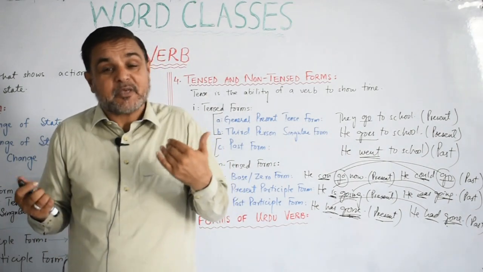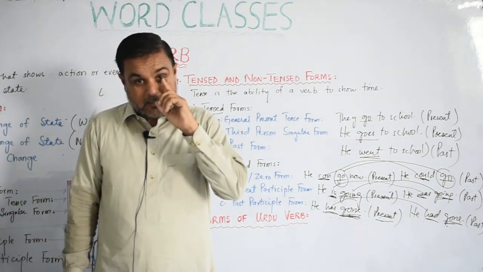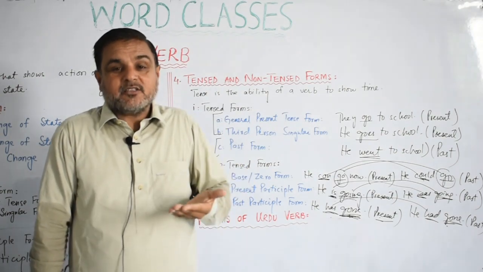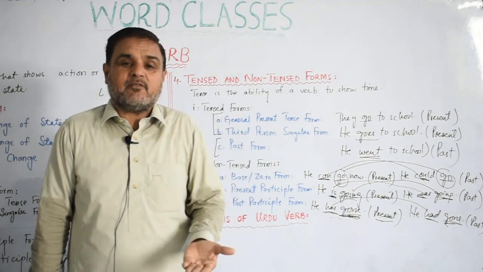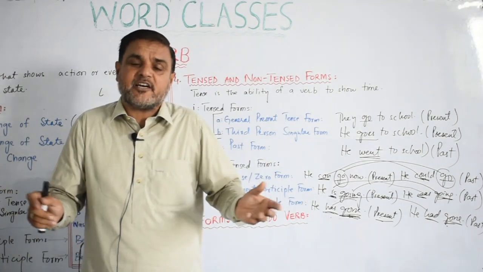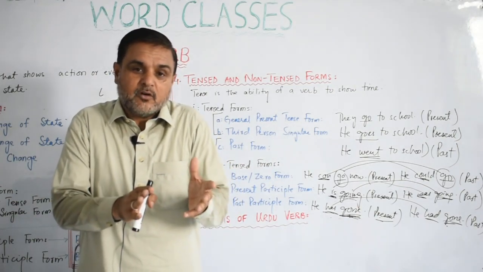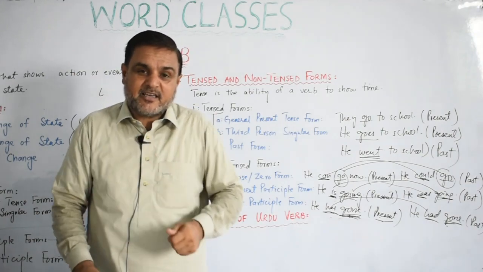We are born speakers of Urdu language. We are speakers of Punjabi language, Pashto language, Saraiki language, Hindko language. For us, learning Urdu is easier because Urdu is similar to Hindko and Punjabi and Saraiki.